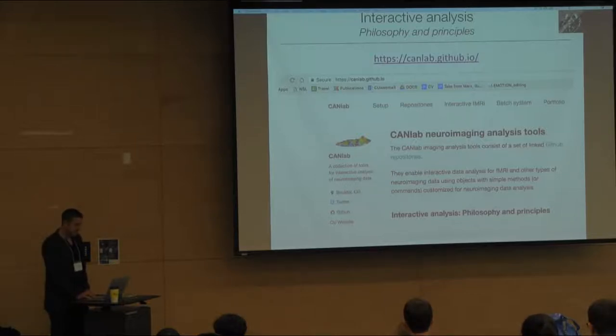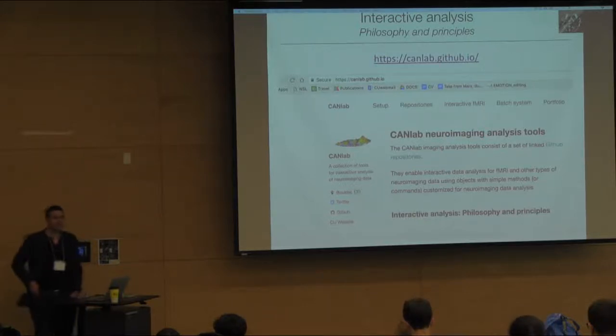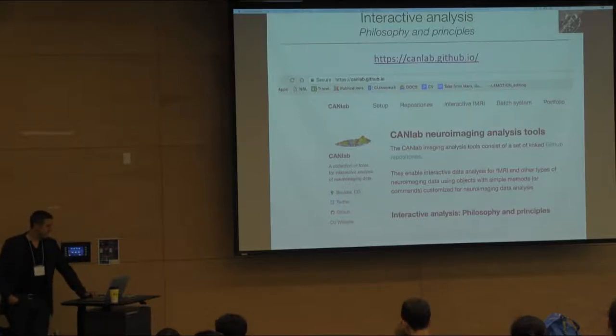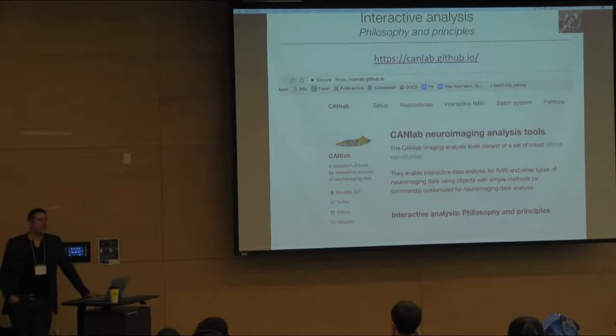Here's the idea. I'll walk you through the philosophy. It's a set of linked GitHub repositories. We have lots of good tools for pipelines, standard pipelines you can run things through. But the whole idea of a pipeline is interesting, right? You take whatever big data set, and it goes chug, chug, chug, and you get an answer.